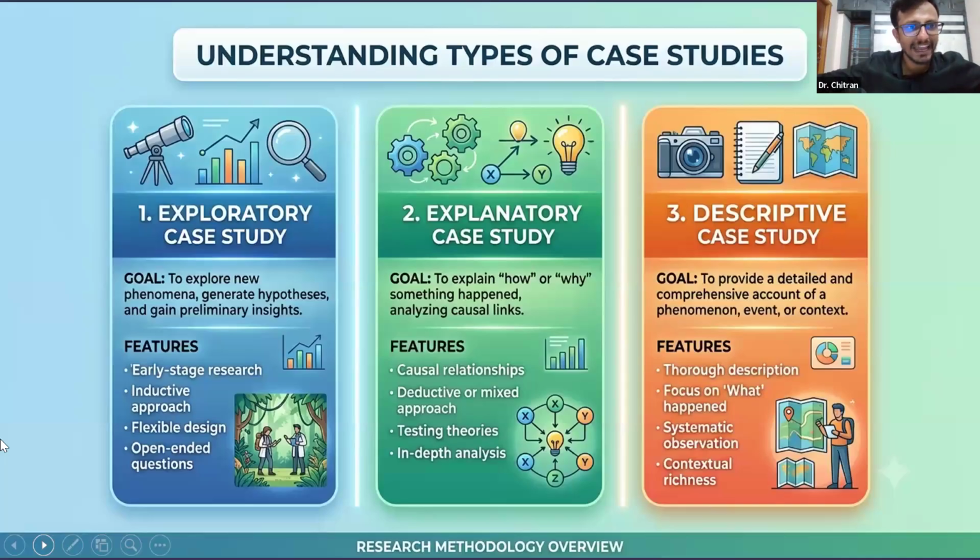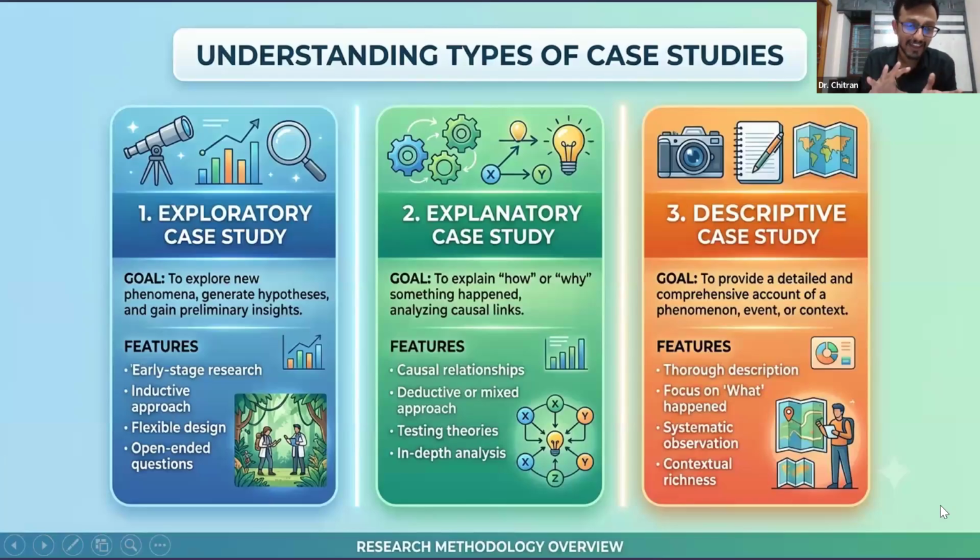Very few people have worked on the history of childhood, orphanages, orphans. So you are actually starting something new through exploration. It is more flexible. There is no barrier of using theory, right? So that is exploratory case study.